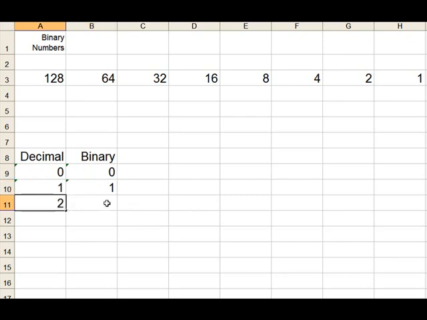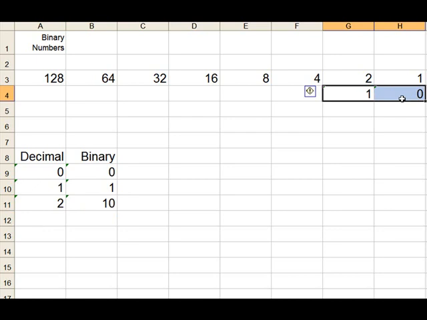In decimal, 2. We can't write a 2 here in binary because we only have the symbols 0 and 1 to work with. So go up here to your number system places and say, how would I write a 2? Well, 1 group of 2 and 0 groups of 1. So in binary, we're going to write 2 as 1, 0.